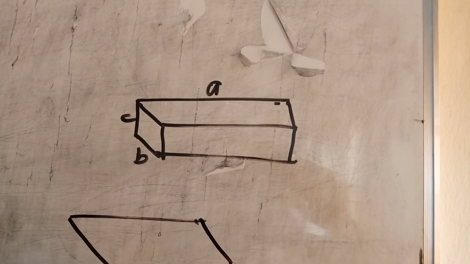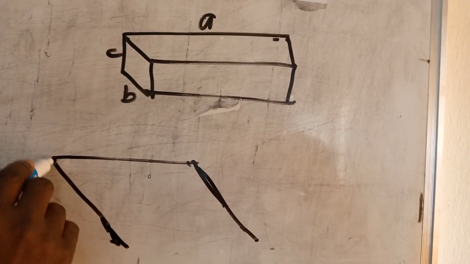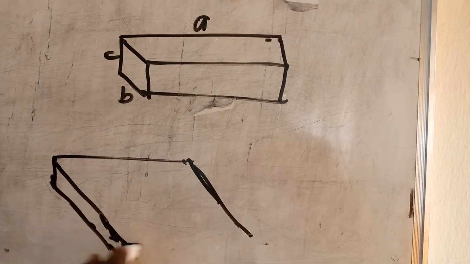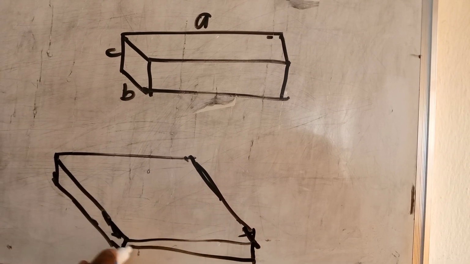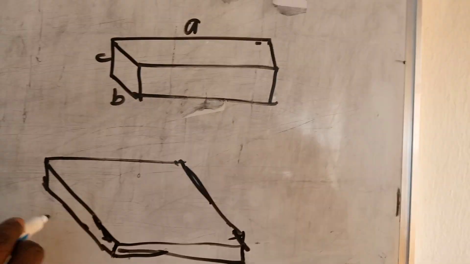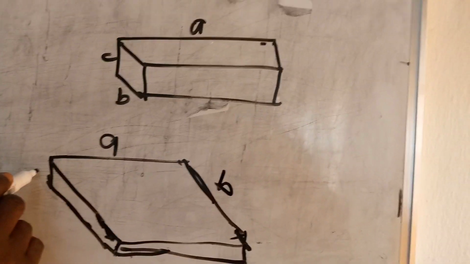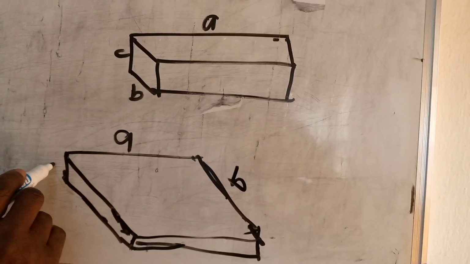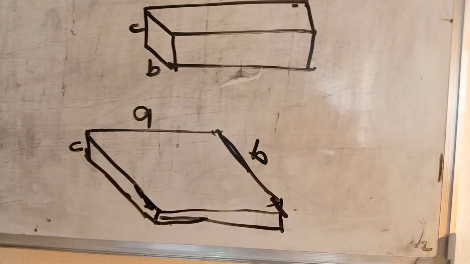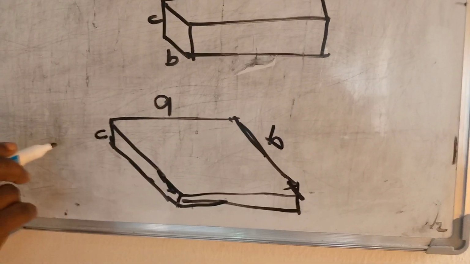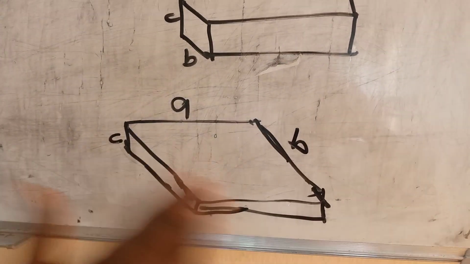In a slab, you will see that two of the dimensions, A and B, are far bigger than one of the dimensions, C. That's a slab, or a plate or a sheet, whatever you want to call it.